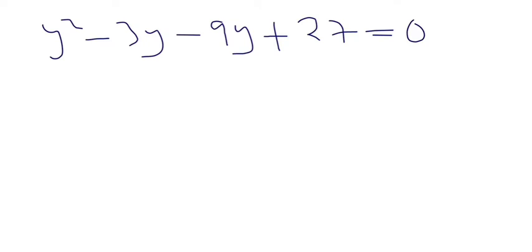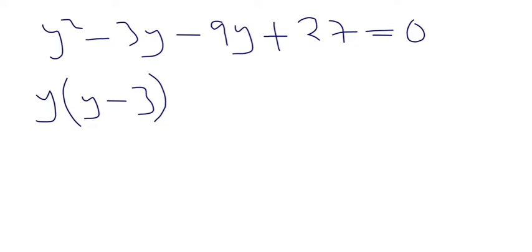Then at this point we need to factor out. So what I notice, what is common here is a y. Then what is common here is, because negative 9 can go into 27, so we have negative 9, which is common. So what we have is a y into y squared is a y. A y into negative 3y is just negative 3.